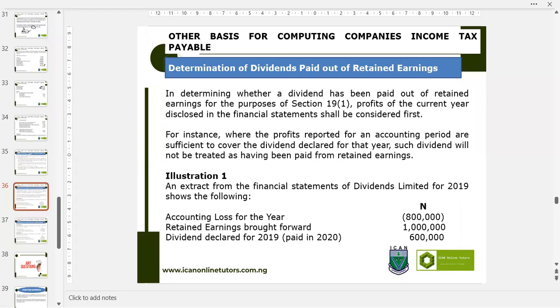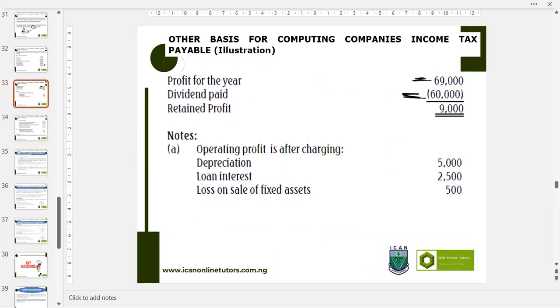So in determining whether a dividend has been paid out of retained earnings for the purposes of Section 19, subsection 1, profit of the current year disclosed in the financial statement shall be considered first. Okay, do you get that? In this case the profit disclosed is 69 million naira.